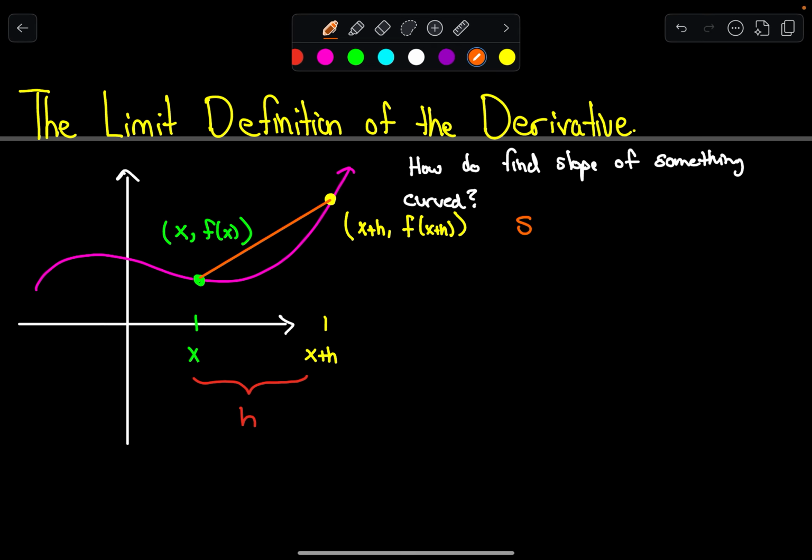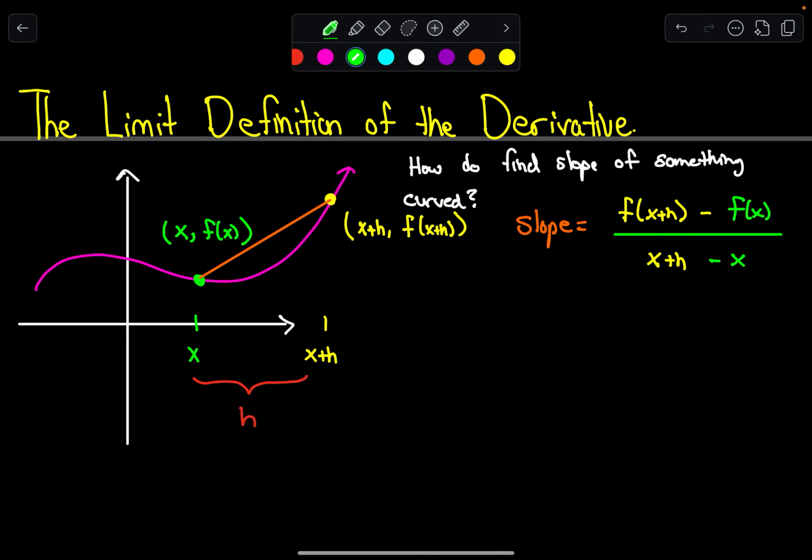And we would say, okay, well, slope, that's going to equal my y2, my second y value, minus my first y value, and then all over x2 minus x1, right? This is how we calculate the slope, all right?